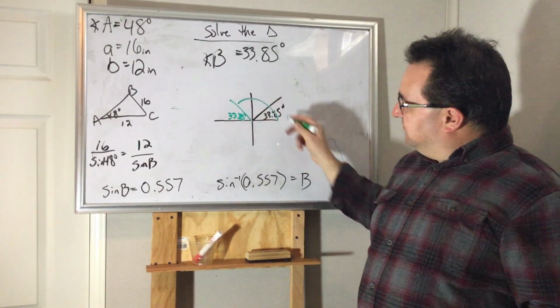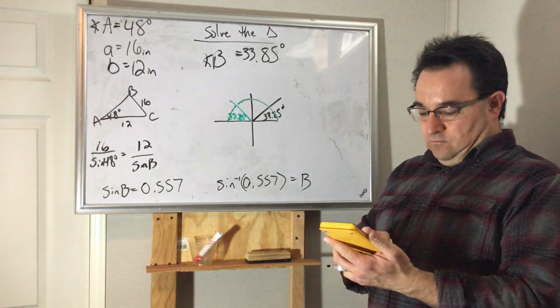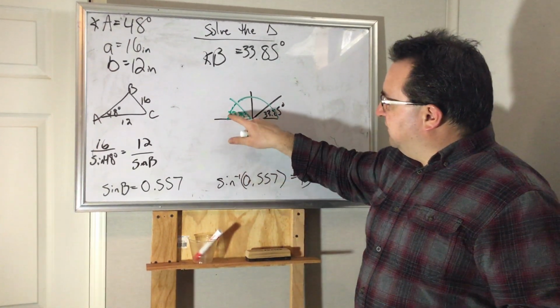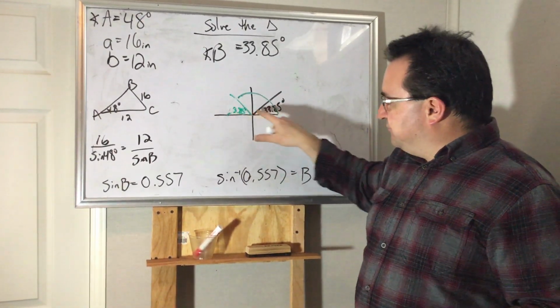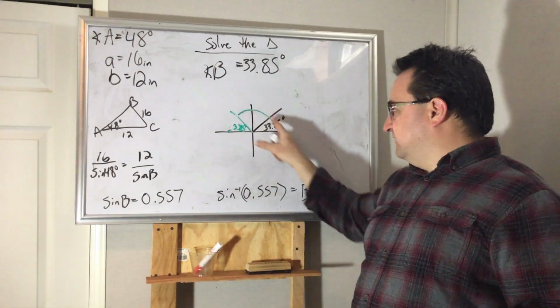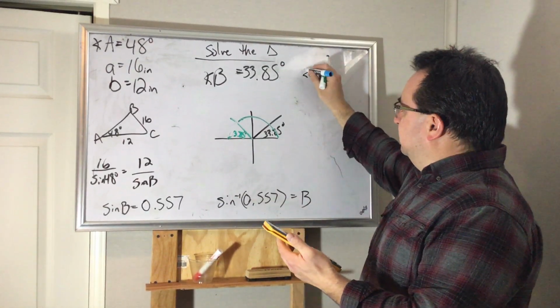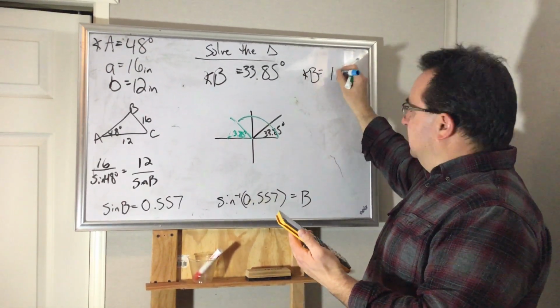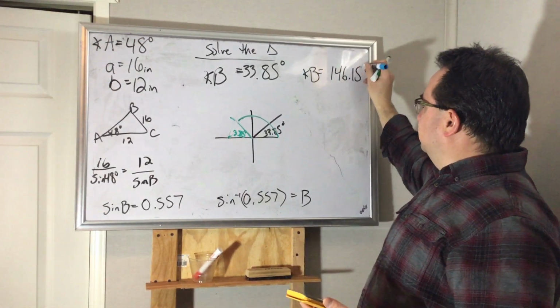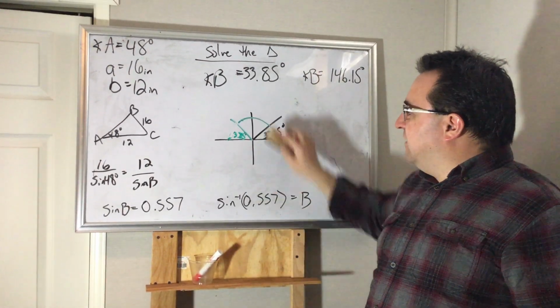So how would I calculate that? Well, that would be 180 take away that 33.85. And what's left is the second angle that I want. So that gives me a second angle B, 146.15.